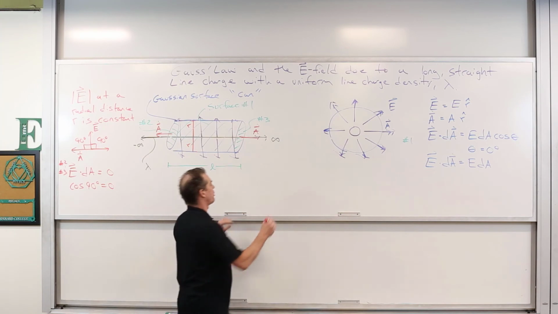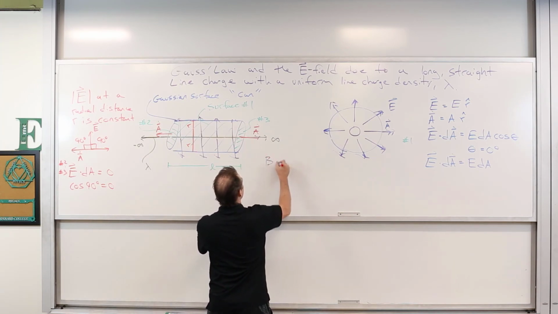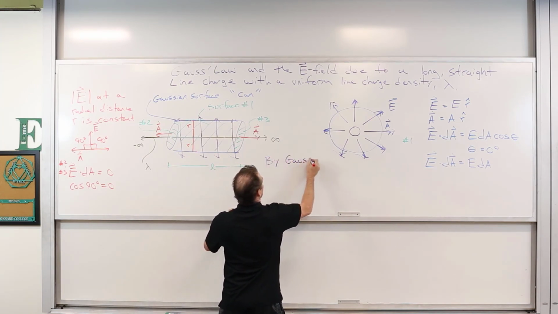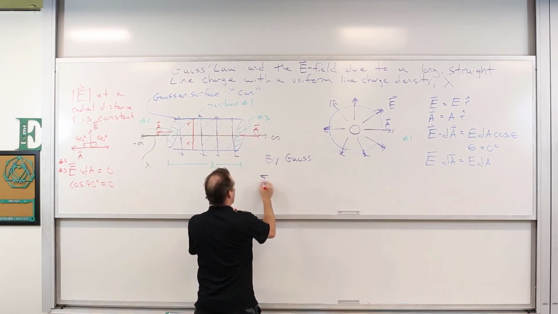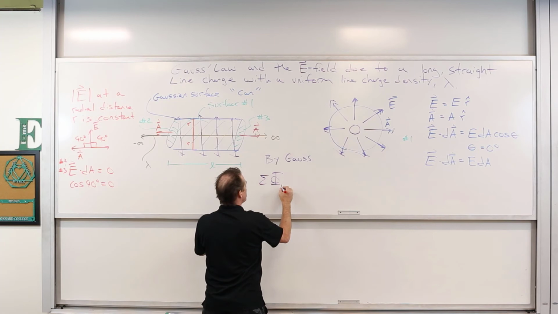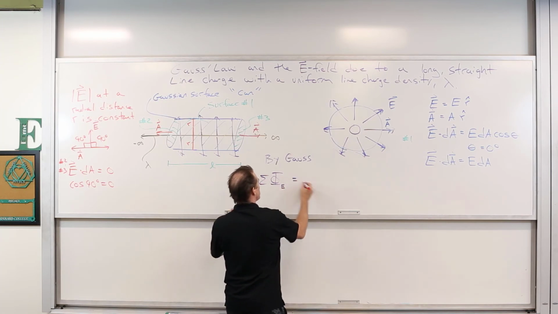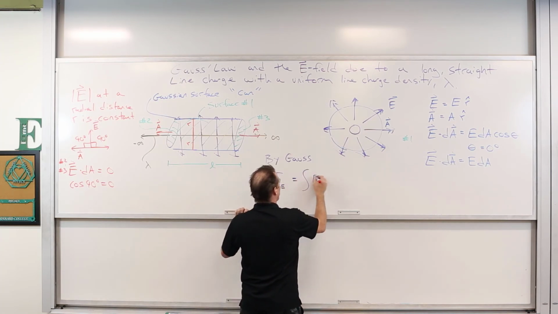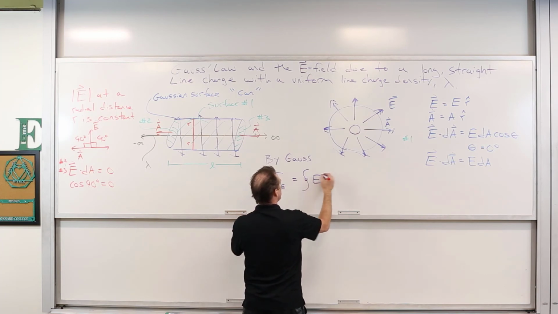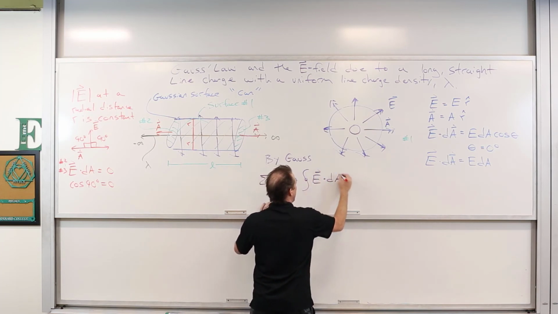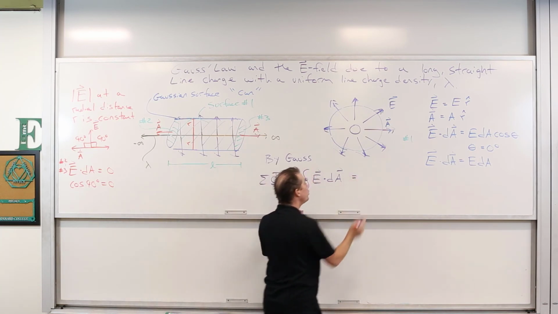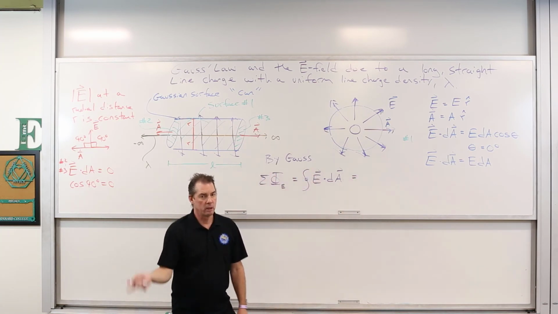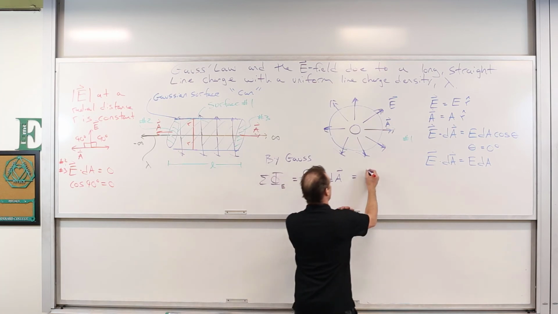Now utilize Gauss's law. By Gauss. We've got the net electric flux through that closed surface is equal to the integral over the closed surface of E hat dot dA hat. Again, that's just general there. And this has to be equal to Q enclosed divided by epsilon 0.